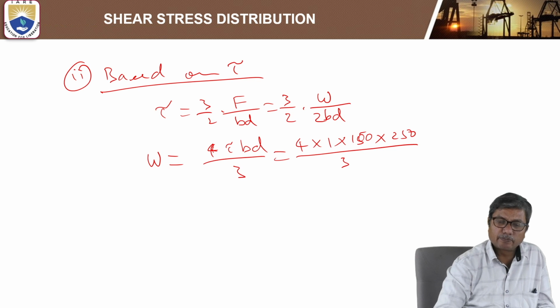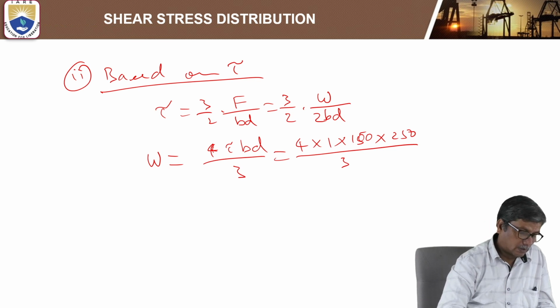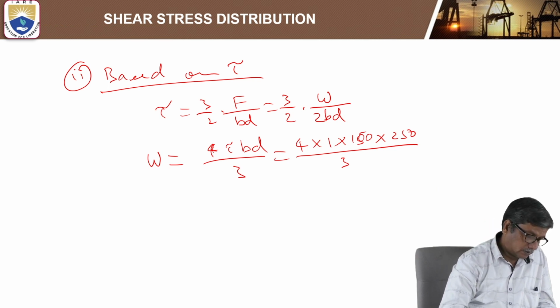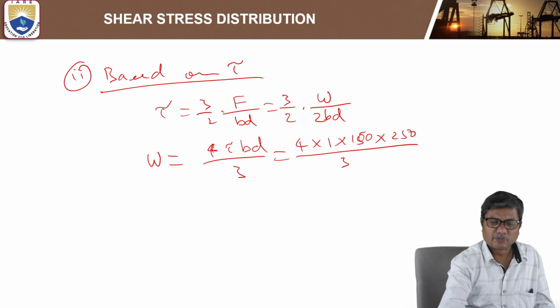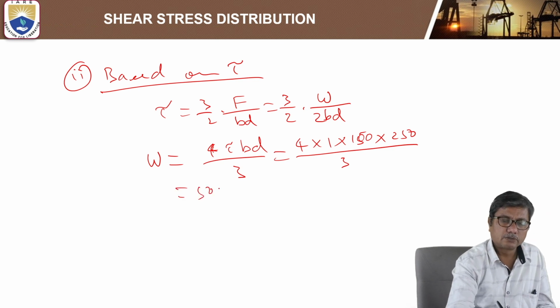So 150 into 250 into 4 by 3 gives 50,000 newtons, or 50 kilonewtons.